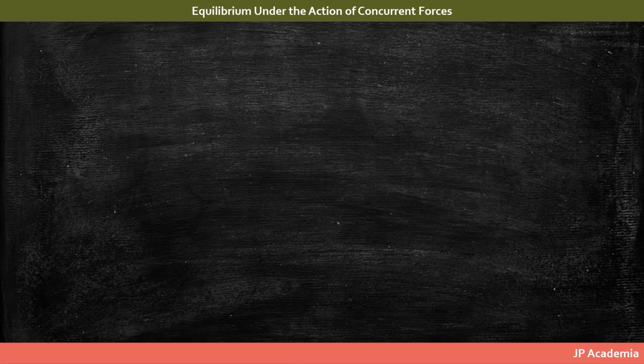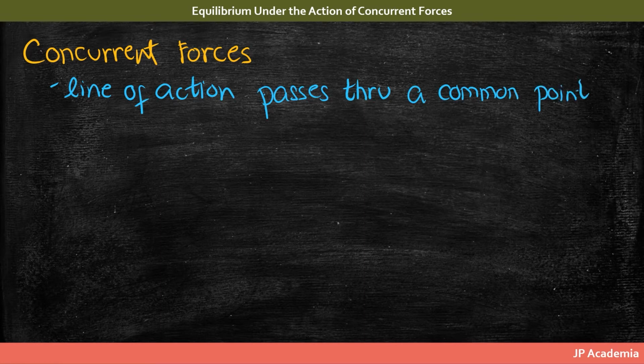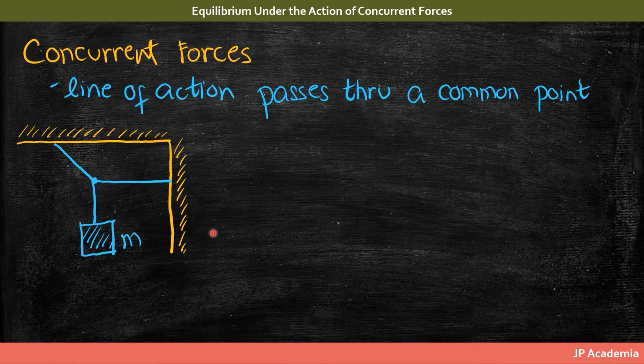Let us start by defining concurrent forces. Concurrent forces refers to those forces whose lines of action pass through a certain common point. For this example, it can be a point on an object as illustrated here. We have a certain mass m hung using two cables attached to the wall.